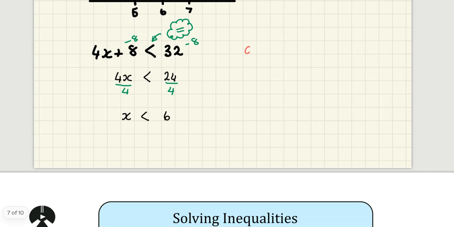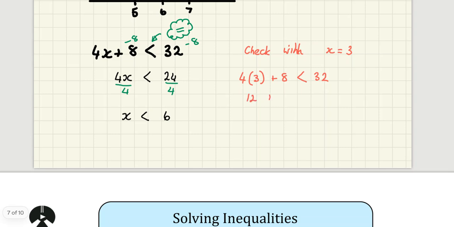I'm then going to do a check. You can do this on paper or just mentally, at minimum mentally, okay? So I'm going to check with a number less than 6. 3, okay? So I'm going to do 4 times 3 plus 8, which should be less than 32 if I've got it correct.